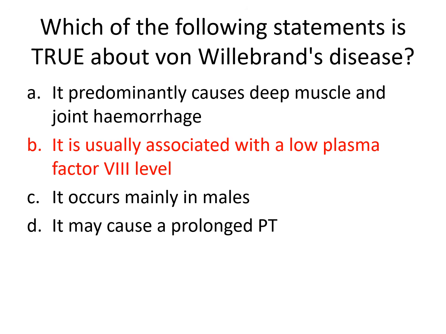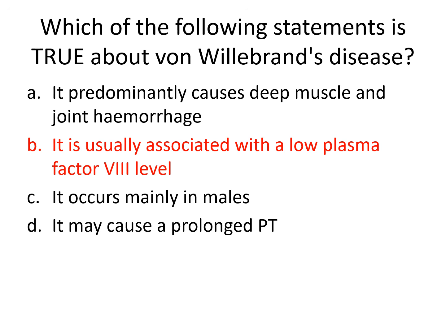Only one is highlighted. However, two answers are correct in this question. Von Willebrand disease is usually associated with low factor VIII level because of the deficiency of von Willebrand factor, which is associated with a deficiency in factor VIII level.